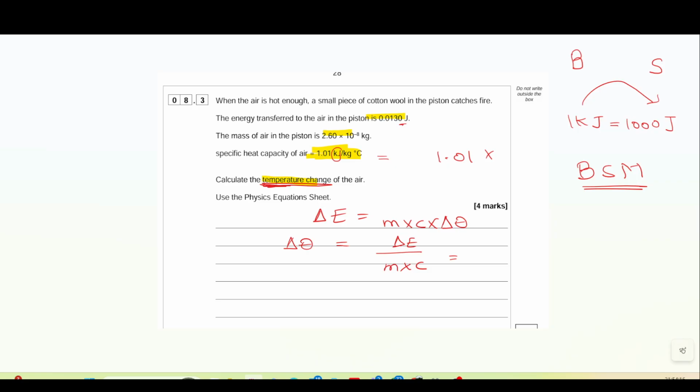But converting kilojoules into joules, I need to multiply by 1000. Bigger to smaller is always multiply, BSM, and smaller to bigger is SBD. S means smaller, B means bigger, and D is division. So let's times it by 1000. How much will you get?